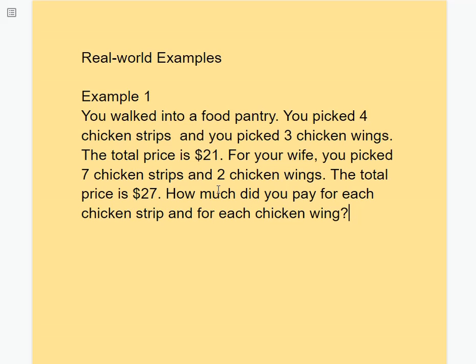See, let's say you're the one running the shop. You know you solve this problem, right? Say, okay, suppose a customer picks 5 chicken wings and 10 chicken strips, and then you weigh and they pay. You want to be able to know how much you're going to make from each of them.